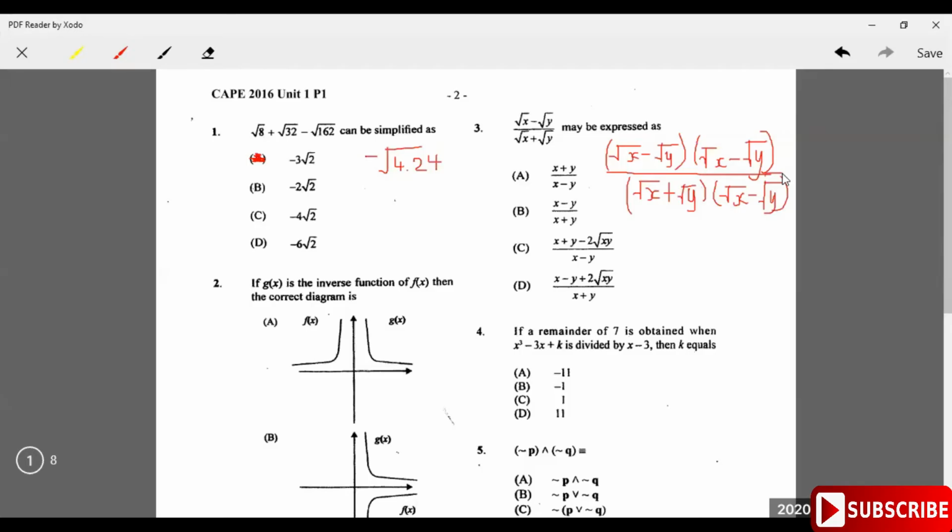So multiply by the conjugate of the denominator, and what we're going to be getting now is that we just simplify the numerator. So we have root x times root x is x. Root x times root y is minus root xy. And then root x times root y is minus root xy. So we're getting minus 2 root xy.